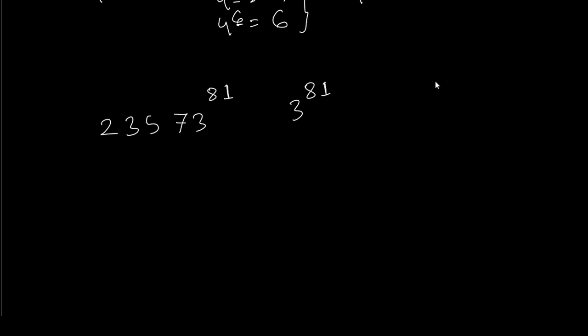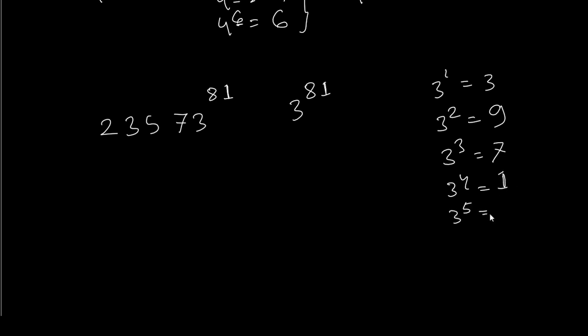So if we take a look, 3 to the power 1 is 3, here the last digit is 3. 3 to the power 2 is 9, so here the last digit is 9. 3 to the power 3, we just multiply 9 with 3, then we are getting 27, so the last digit is 7. For 3 to the power 4, we again multiply this 7 with another 3, so we are getting 21, so the last digit is 1.